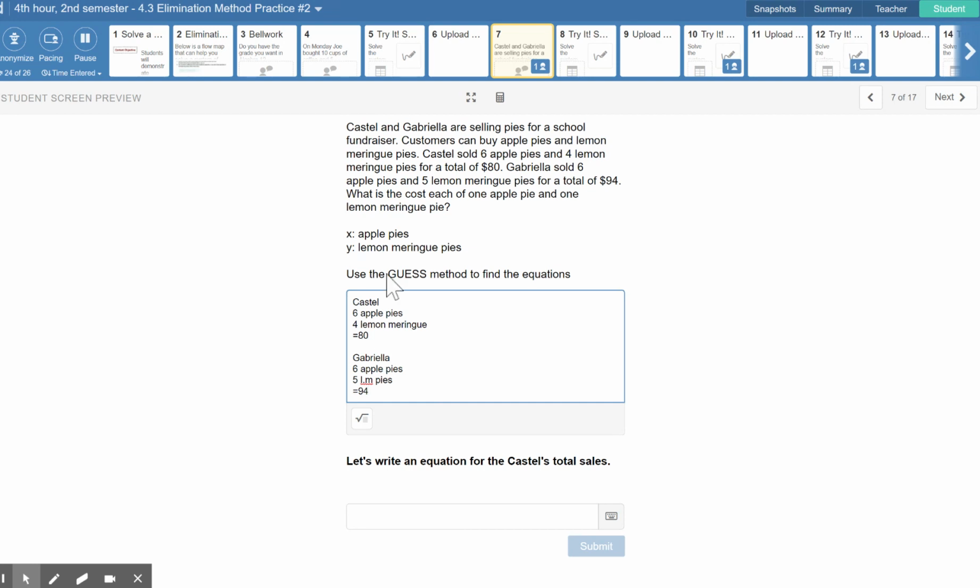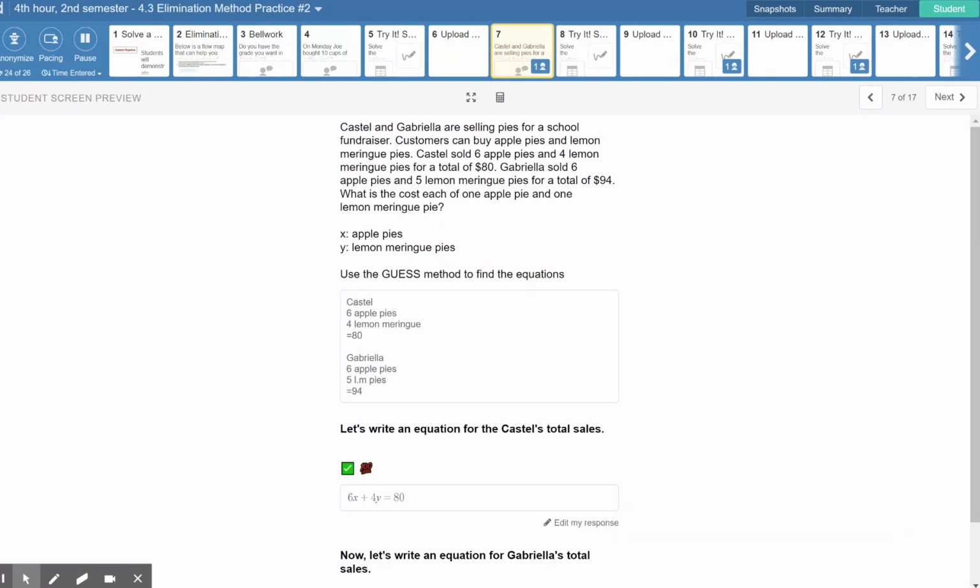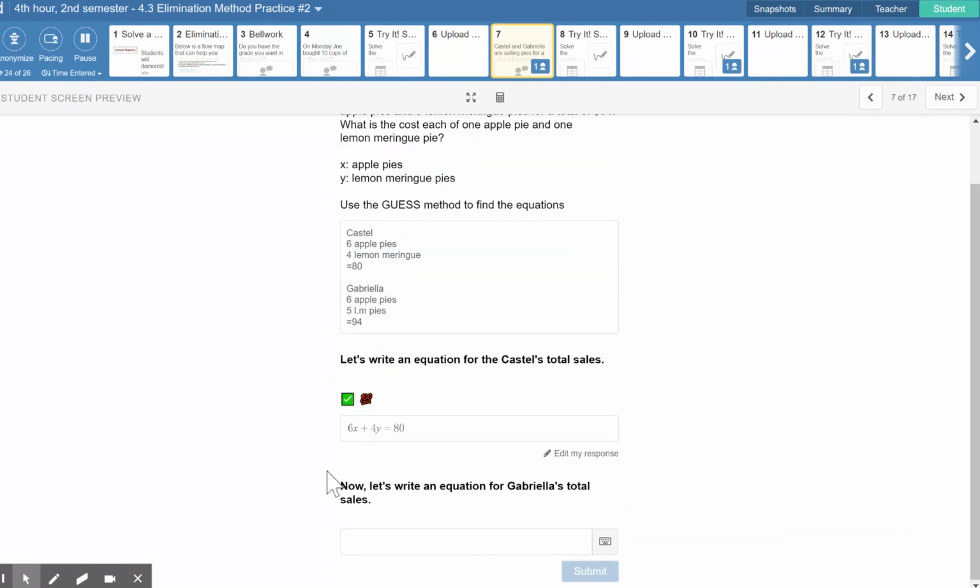So once again, X is the cost of apple pies and Y is for the lemon meringue. So we're just going to put the coefficients in front of the X and the Y. And then we already have our total. So then we have 6 apple pie plus 5 lemon meringue. And then that total equals $94.